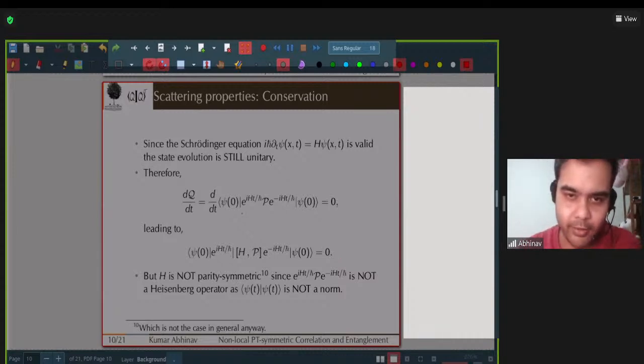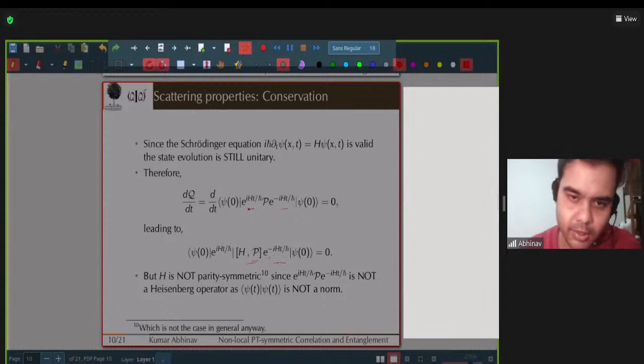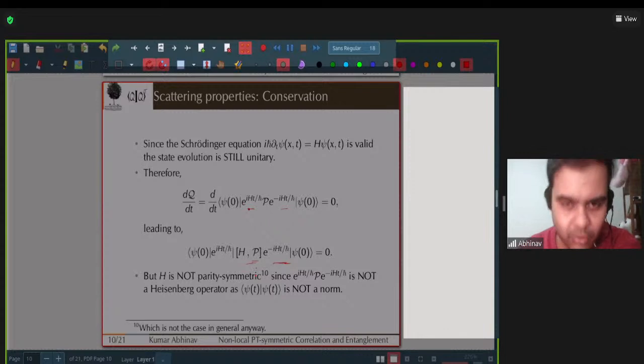So we can take out the unitary time evolution from the states in the definition of the conserved charge, and from there we get that the Hamiltonian commutes with P, because these parts can be arbitrary. So the commutator is arbitrarily true, but that is not a statement that the Hamiltonian is parity symmetric also. That will be a stricter condition.